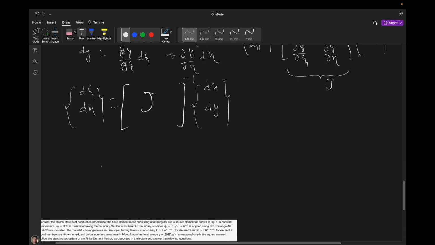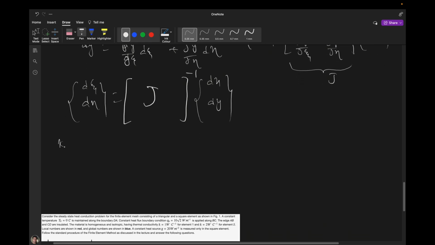in the stiffness matrix, K_ij was the double integral, or we can say single area integral, of lambda naught times (n_ix n_jx plus n_iy n_jy) dA.